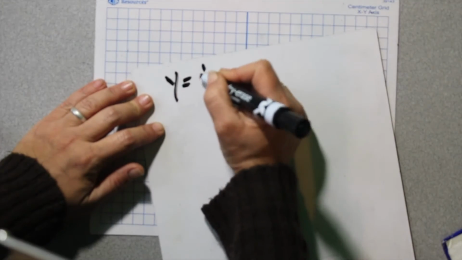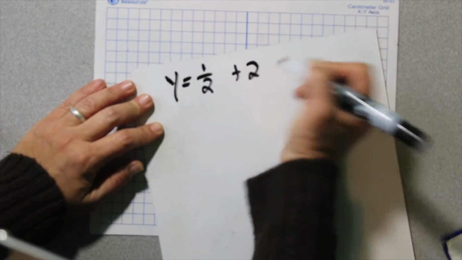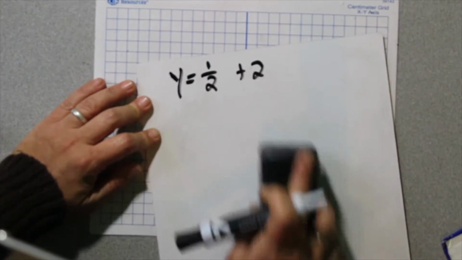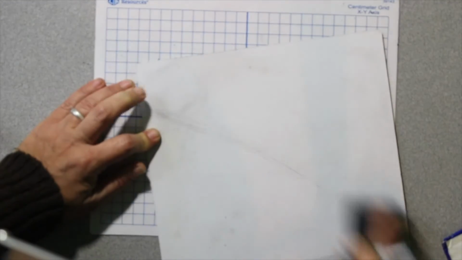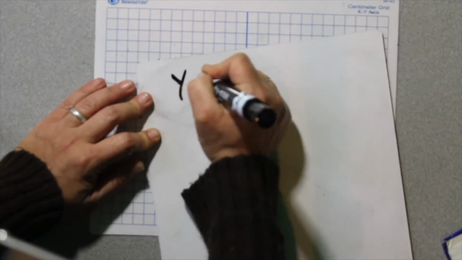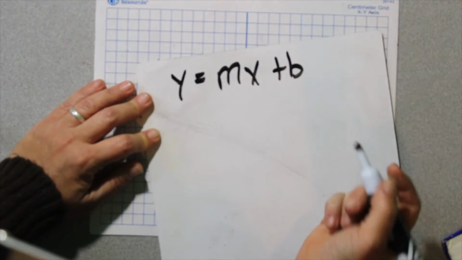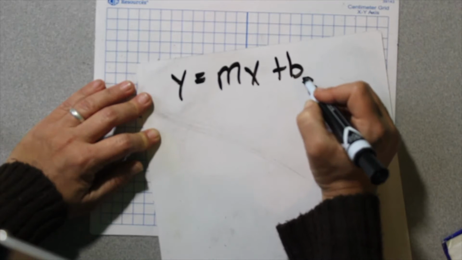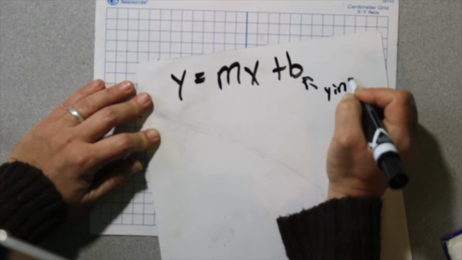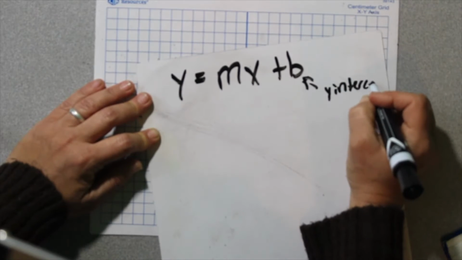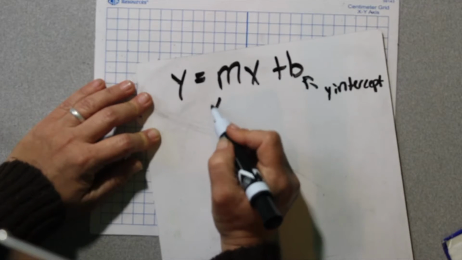Now that is written in slope-intercept form. And slope-intercept form is whenever you write it in the form of y equals mx plus b. b is our y-intercept, and m is our slope.